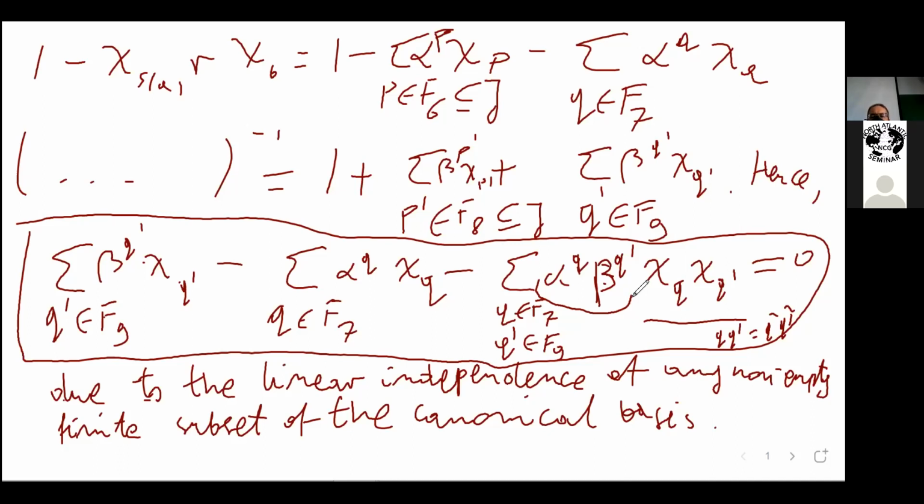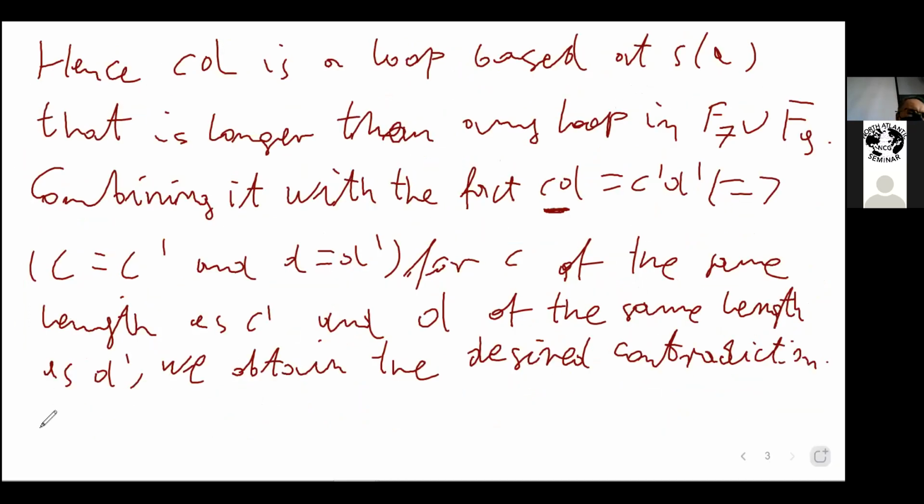So by the linear independence, I have a contradiction because this coefficient should have been zero and it isn't. So this means that all in all, our assumption that F3 is non-empty was false. So we can conclude that it is empty.